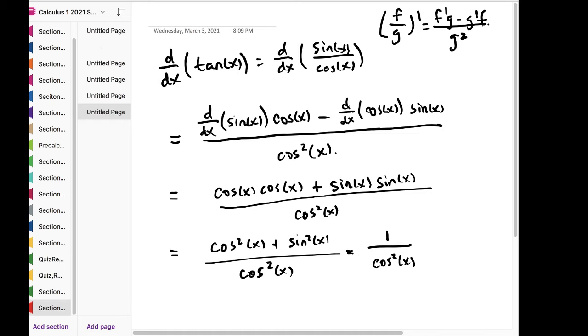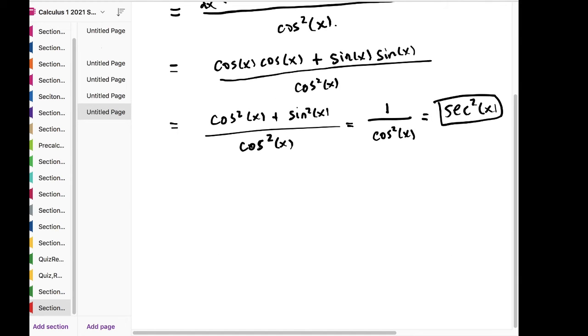Okay, and then what's 1 over cosine squared? Yes, secant squared. Okay, so the derivative of tangent is secant squared.